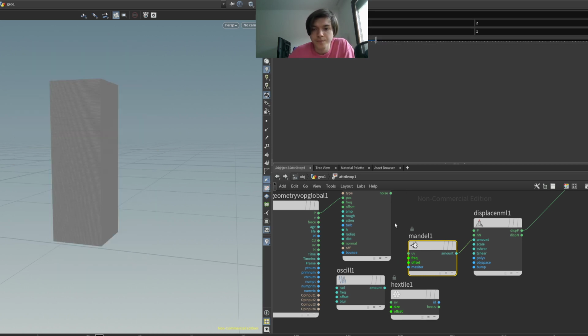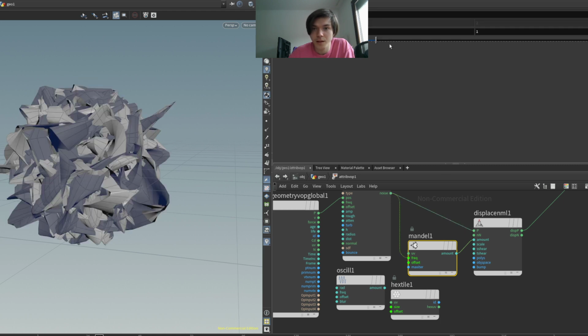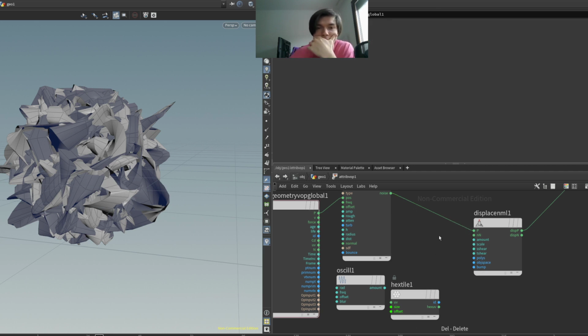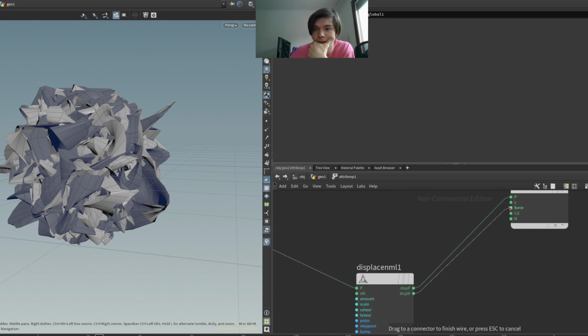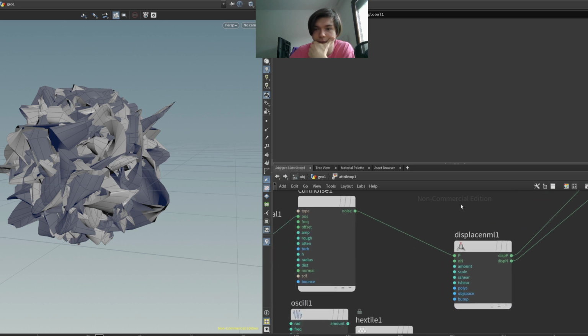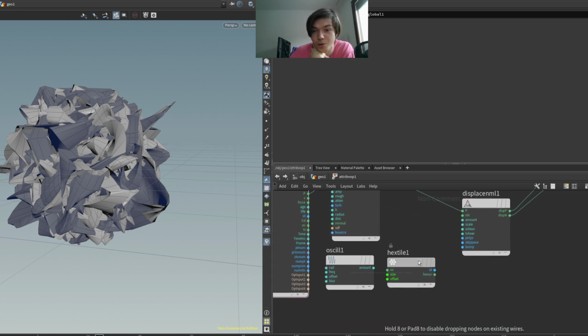Maybe also the frequency, and there again the P. No. Let's just get rid of the Mandelbrot. I do like this thing. We might actually also plug in this and see what's happening, and nothing happens. Good.